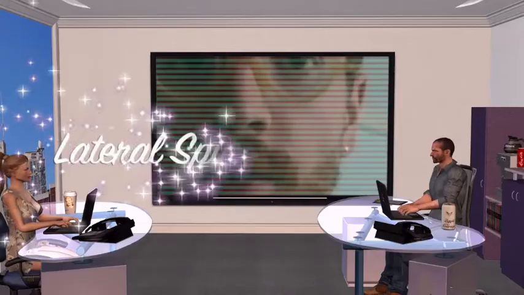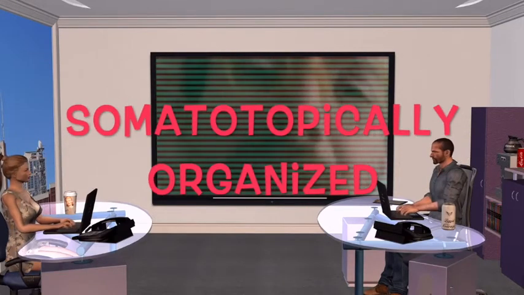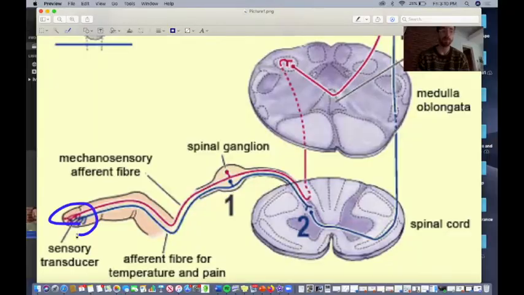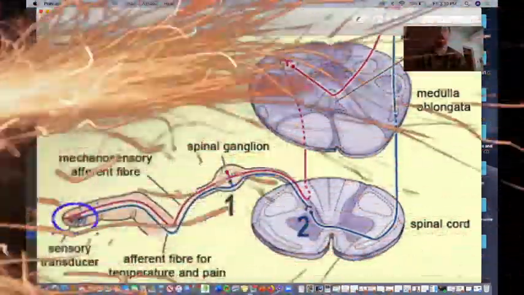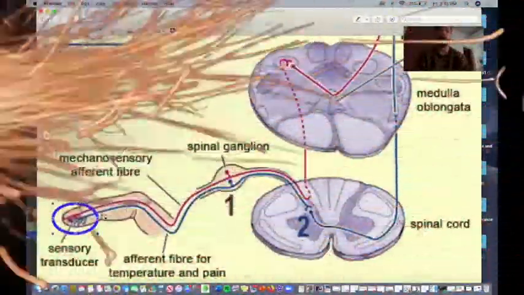The lateral spinothalamic tract is our primary pathway for carrying information about pain and temperature. We'll start off. So what do we have? A pain receptor, a thermoreceptor detecting heat or pain in the periphery.